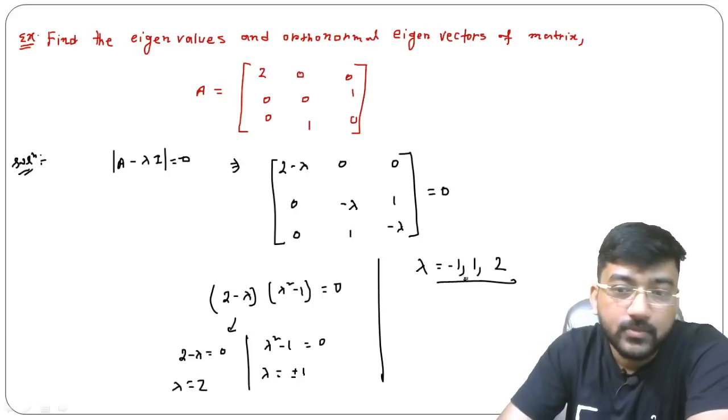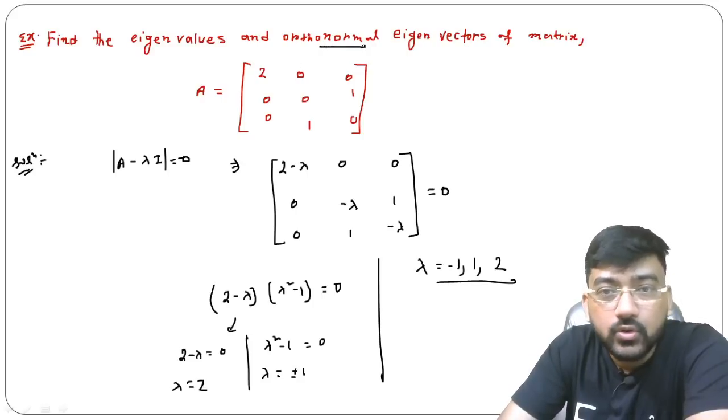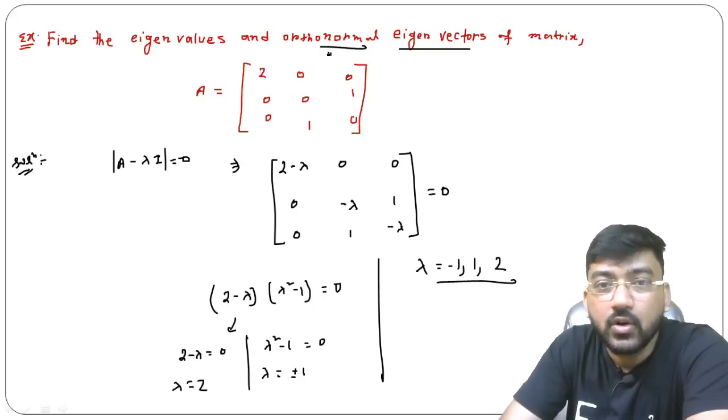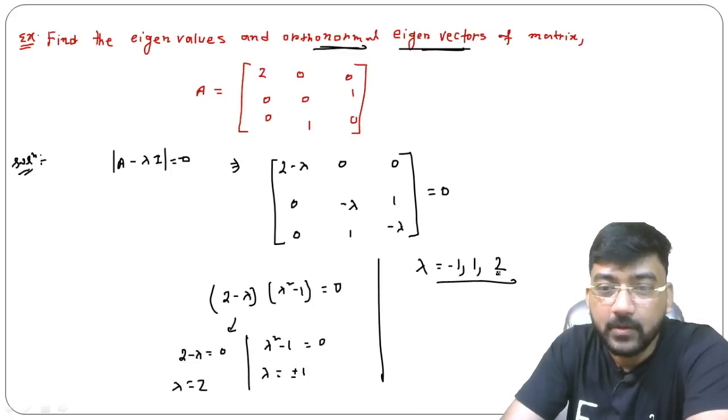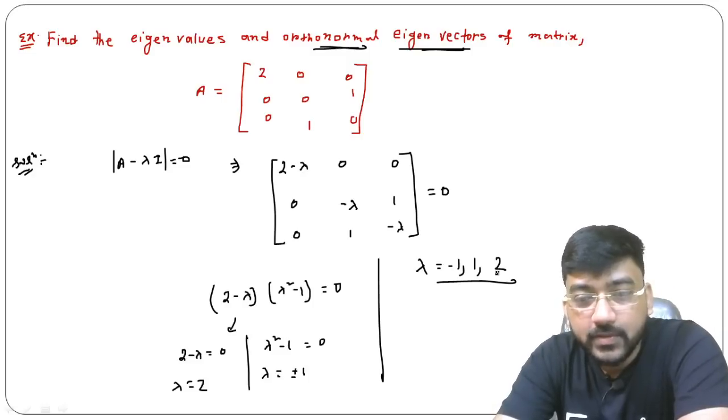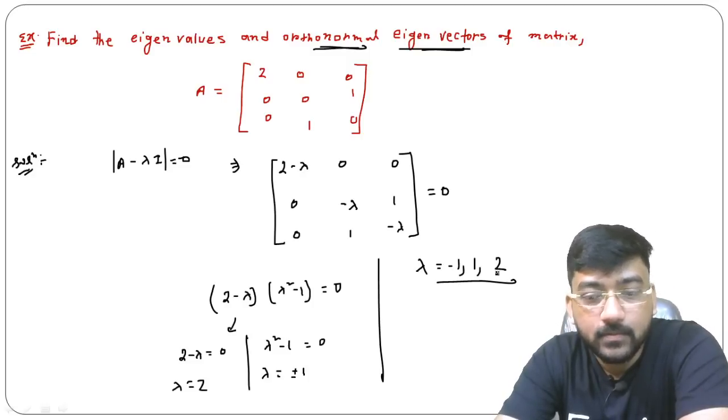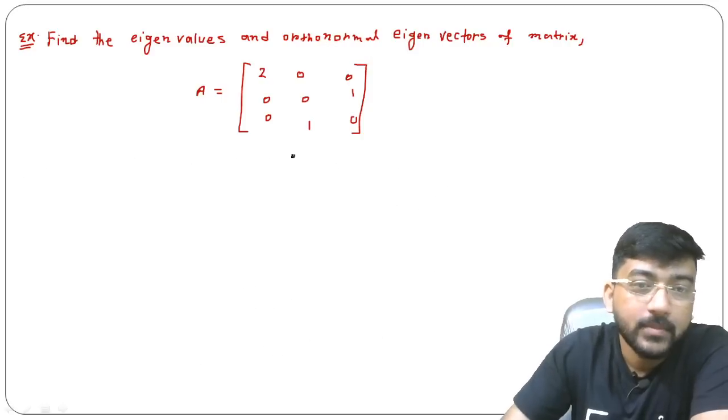Now we have to find the orthonormal eigenvectors corresponding to minus 1, 1 and 2. Let us first find it for lambda is equal to minus 1.